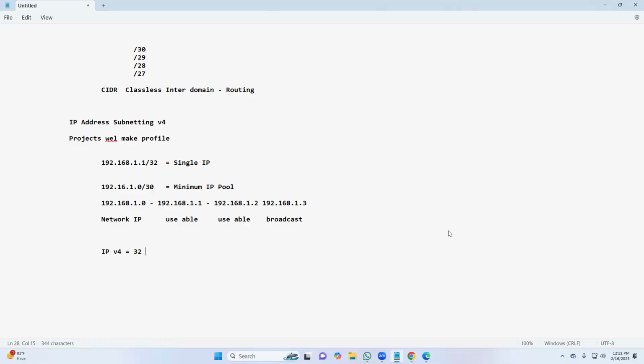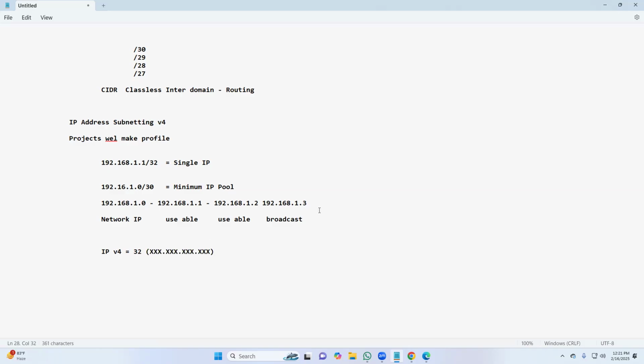Yeah, every IP contains how many numbers? Like this, dot, like this.